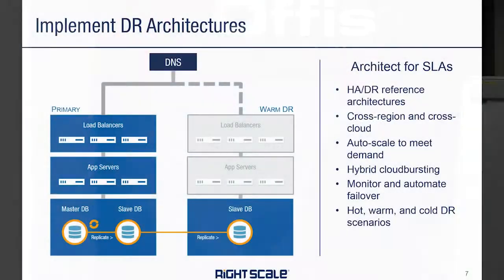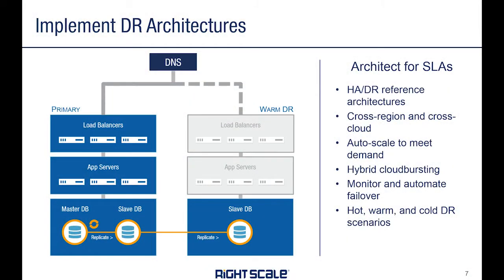Cloud also gives you some unique architectures. So this is an example of a warm DR scenario. Amazon likes to call this a pilot light DR scenario because you've got your primary site and everything's active there, and you may need your data in a second location, but do you want to have all of this other infrastructure running in a hot standby to support that disaster recovery when you need it?